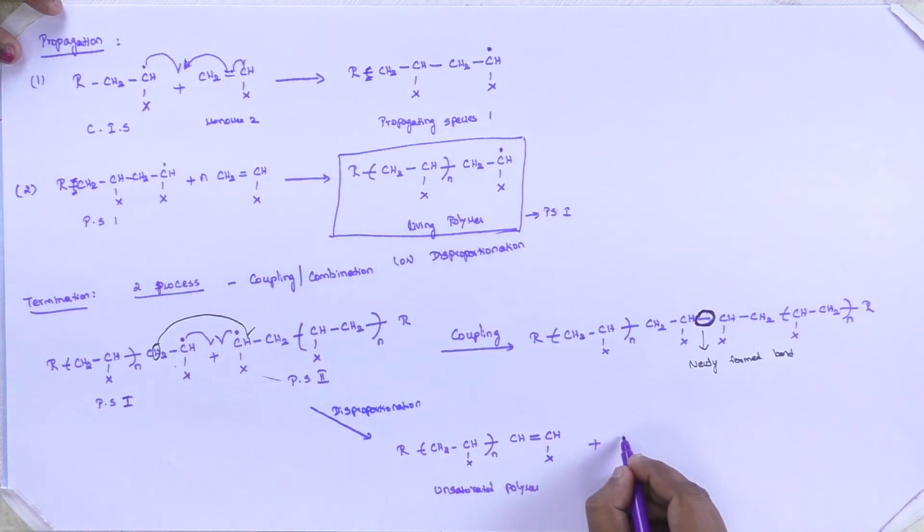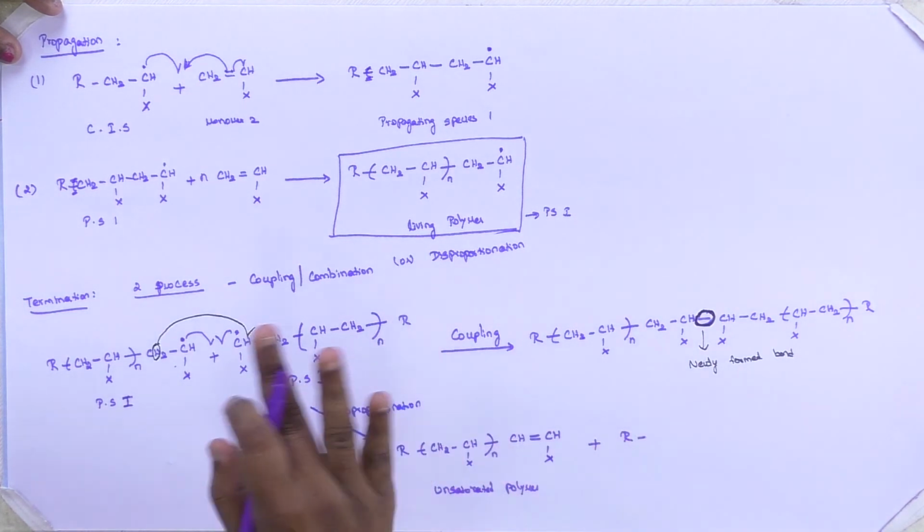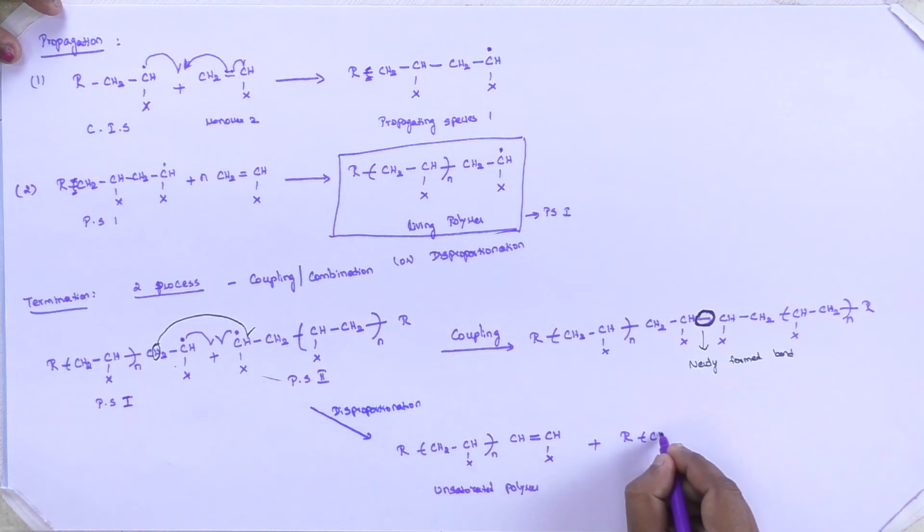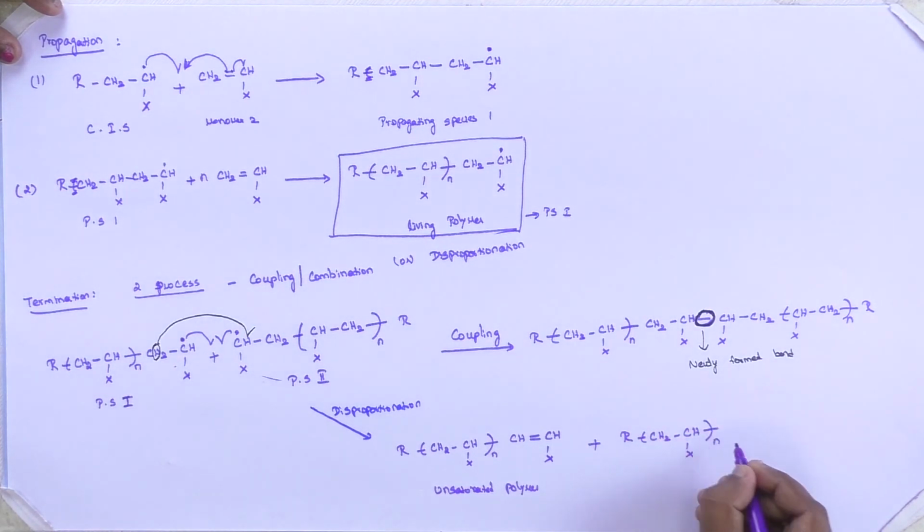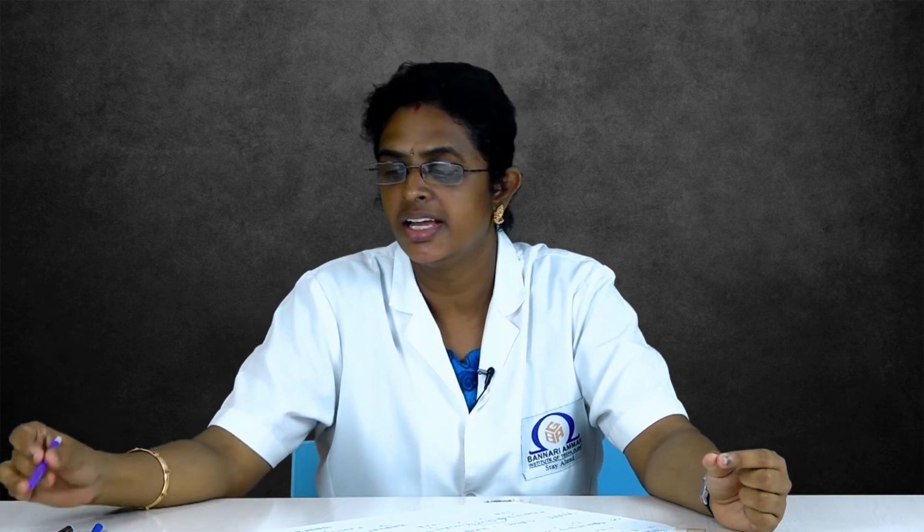I am writing it again in the same form, reversing it: R, CH2, CHX, n times, CH2 single bond CH2X. So this is a saturated polymer. So you get both unsaturated and saturated polymer during the disproportionation reaction.